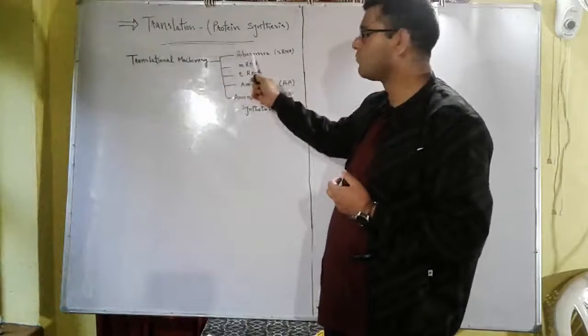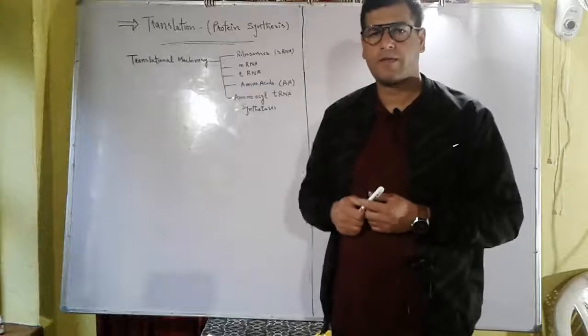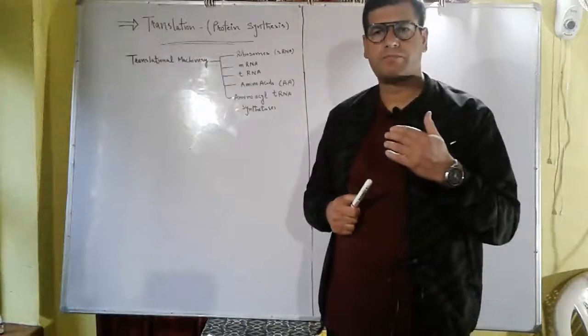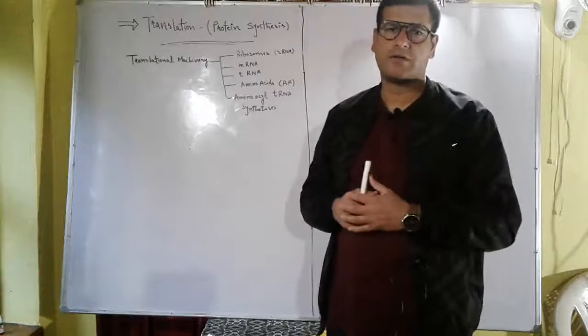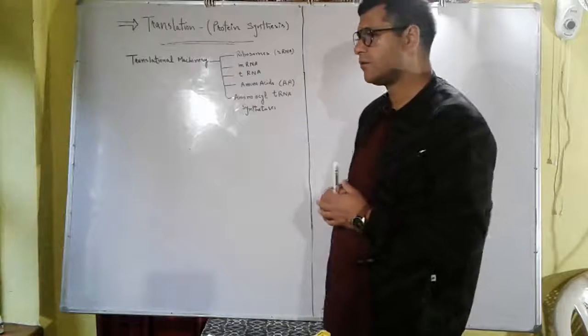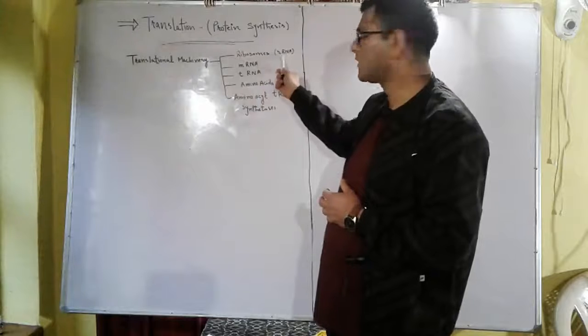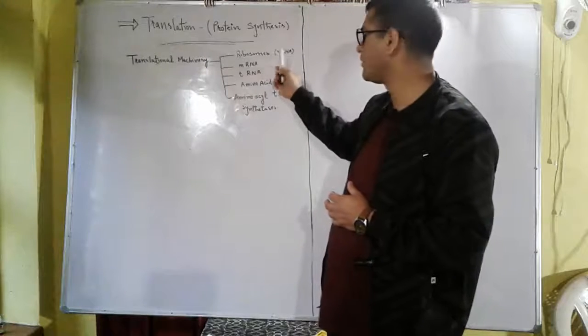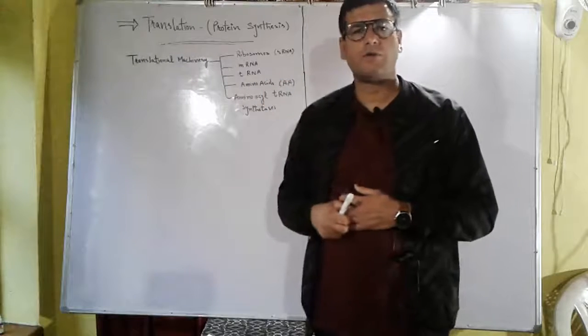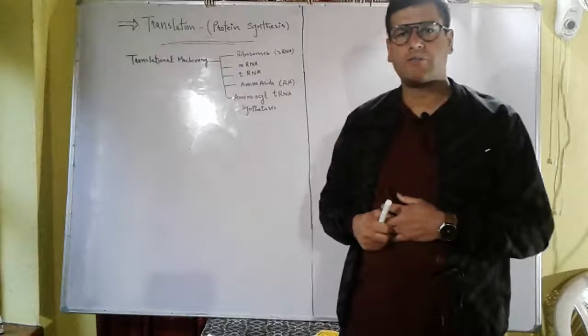We require ribosomes. These ribosomes are composed of ribonucleoproteins and ribosomal RNA, so they are called ribonucleoprotein particles. Ribosomes contain ribosomal RNA and ribosomal proteins. Then we require messenger RNA, mRNA.